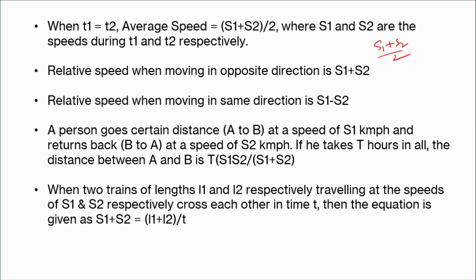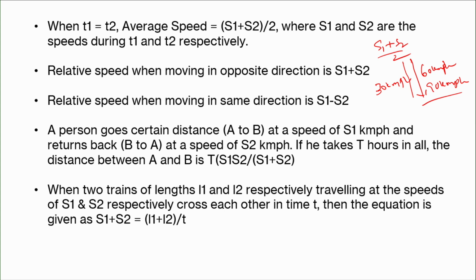Okay. The relative speed when moving in opposite directions is s1 plus s2. For example, one train is moving at 30 kilometers per hour in the north direction, another train is moving at 60 kilometers per hour in the south direction, completely opposite directions, then the relative speed will be 30 plus 60, 90 kmph, simply s1 plus s2.